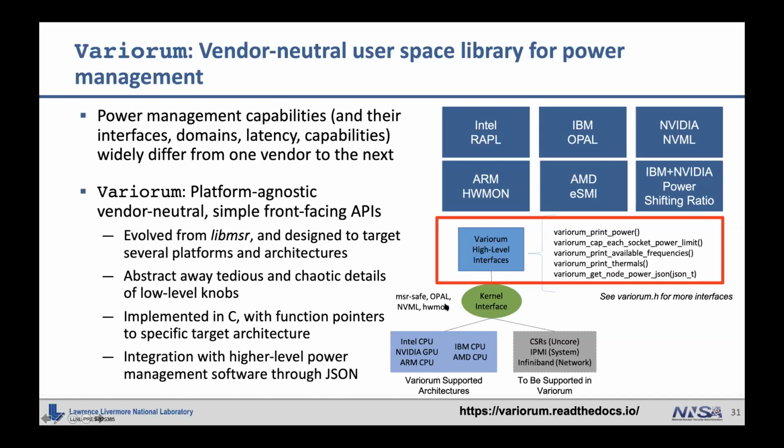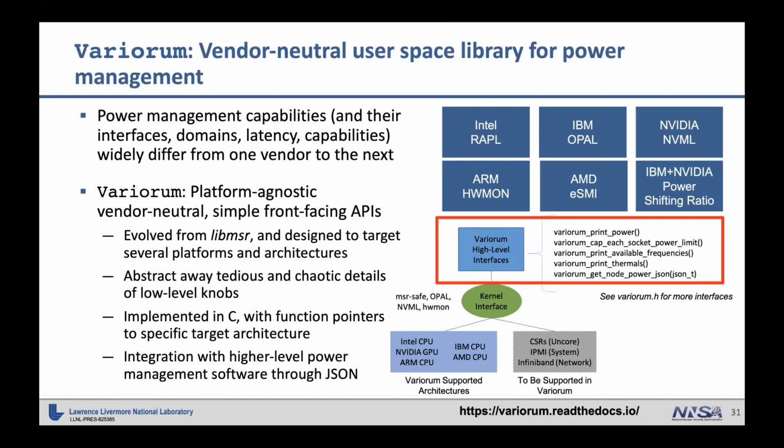The remainder of this system architecture diagram shows that Variorum sits on top of the kernel interfaces that the different architectures provide. With Intel, we've got the MSR-safe kernel module that Livermore developed and has deployed on some of our systems, as well as several systems across the globe. If it's IBM, we'll go through the Opal layer. For NVIDIA and ARM, we'll go through NVML and HWMon, respectively.